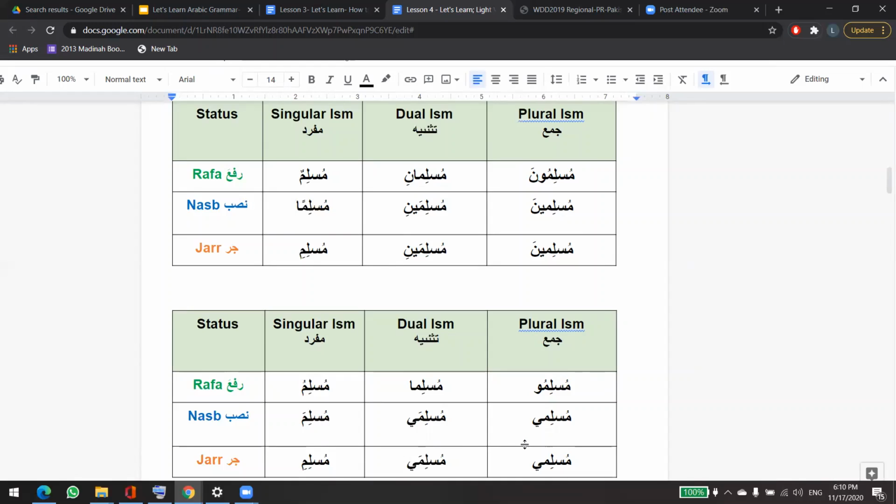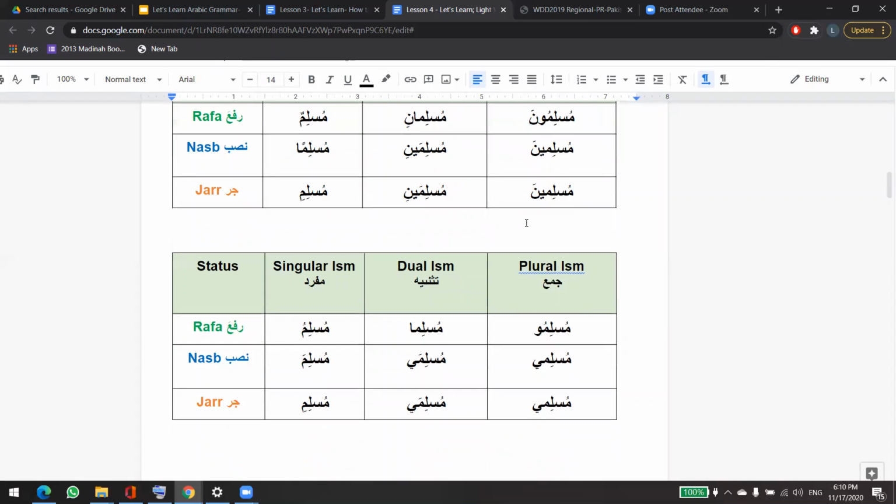So now you have already guessed, I think, that the upper chart has all ism which are heavy, and the lower chart, all the isms are light. Alhamdulillah, you just figured it out from these two charts.